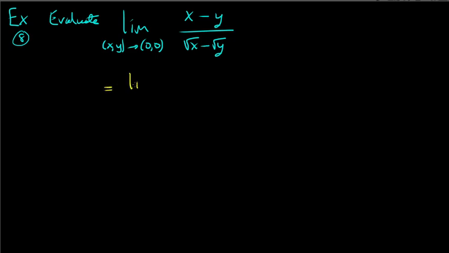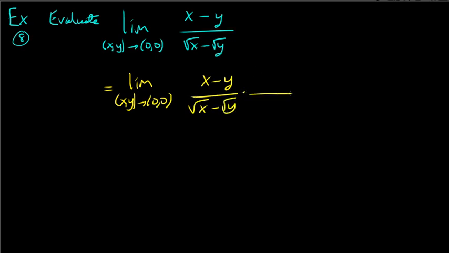Well, kind of the same thing you did in Calc 1. You could try to simplify this expression. And one way to simplify it is maybe to rationalize the denominator. If I multiply the denominator by the square root of x plus the square root of y, let's see what happens.